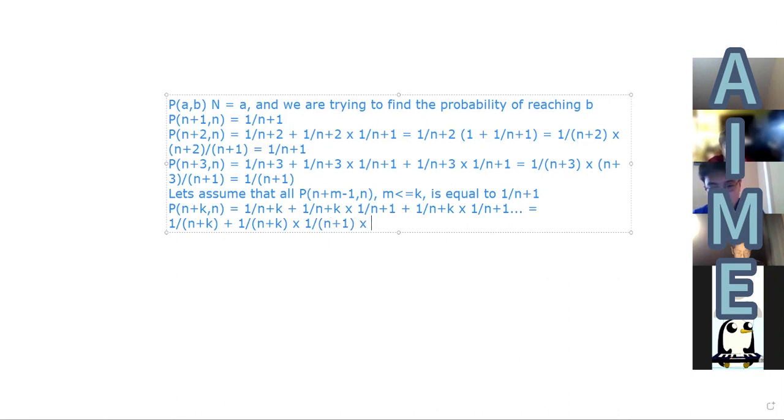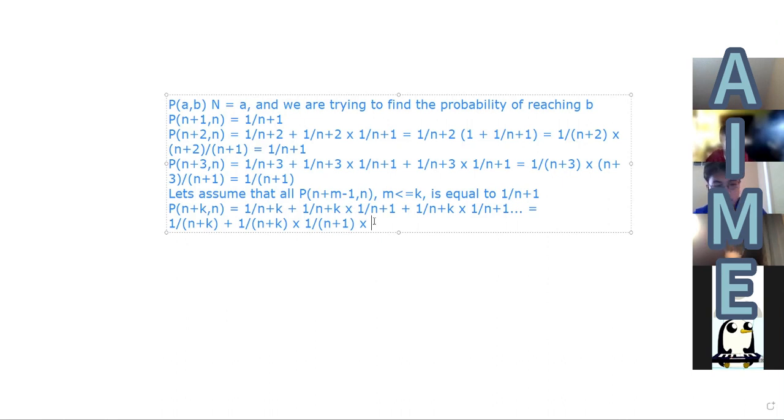And then we have to multiply the total amount of terms, that is 1 over n plus k times 1 over n plus 1, because we can go from n plus k to n plus k minus 1 to n. We can go from n plus k to n plus k minus 2 to n, and so on until we go from n plus k to n plus 1 all the way to n.